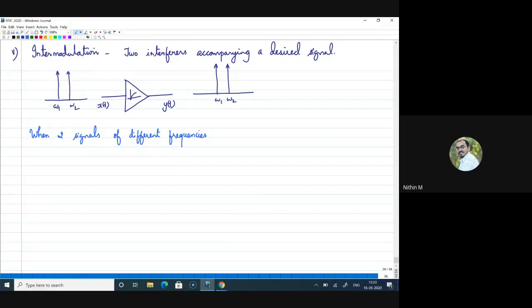Yeah, so when two signals of different frequencies are applied to a nonlinear system, the output exhibits frequency components other than harmonics.